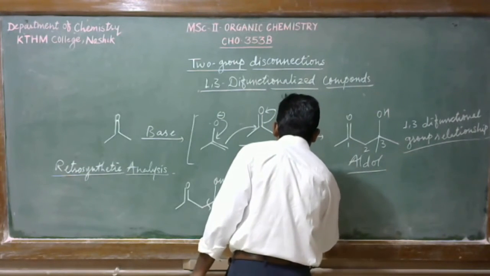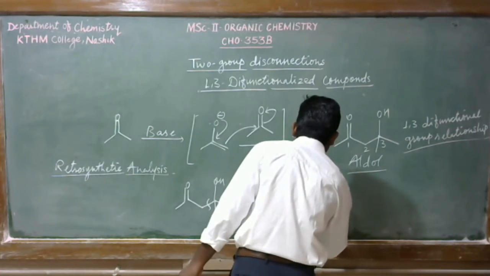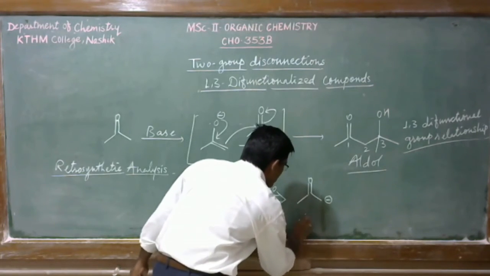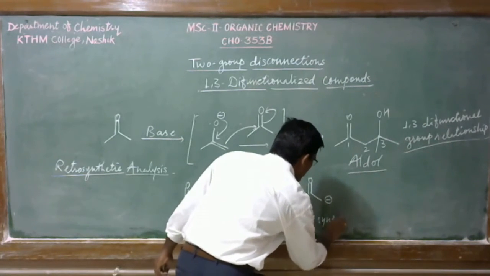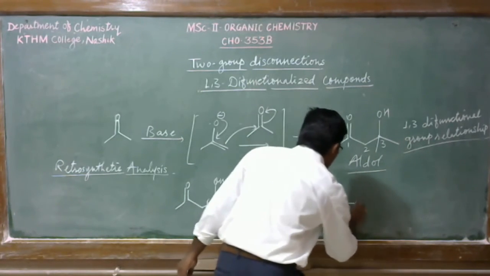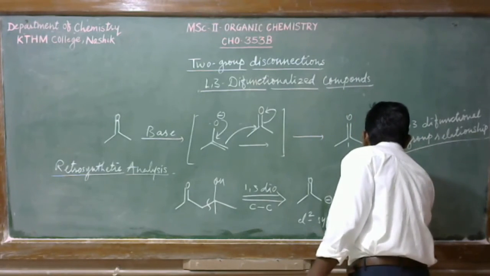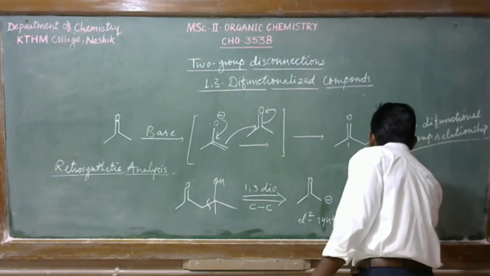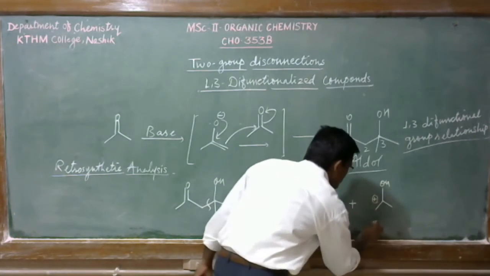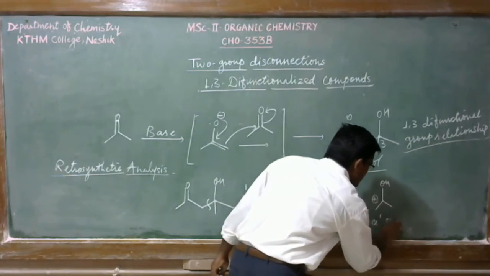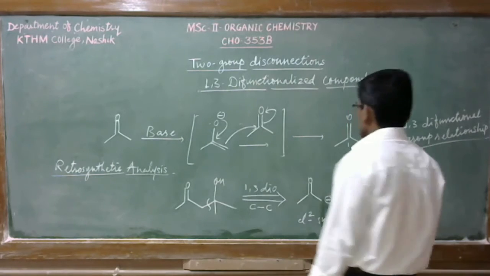So we can get this donor, the D2 synthon, plus the A1 synthon.